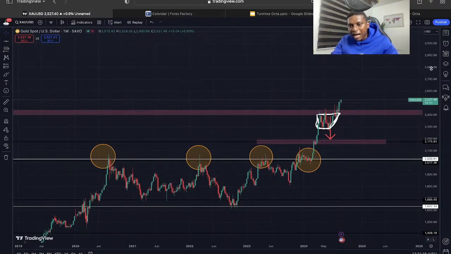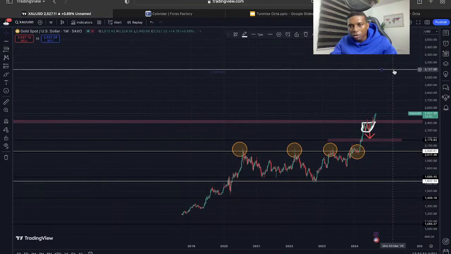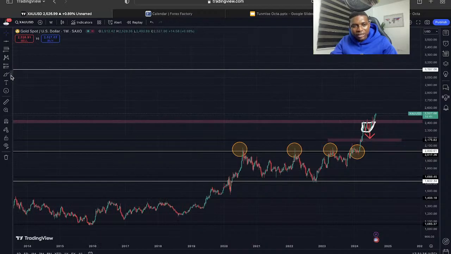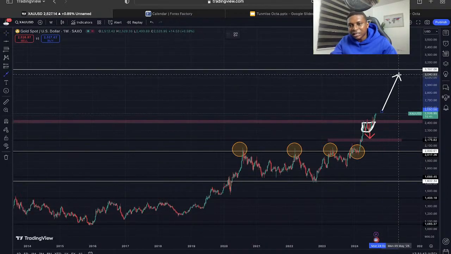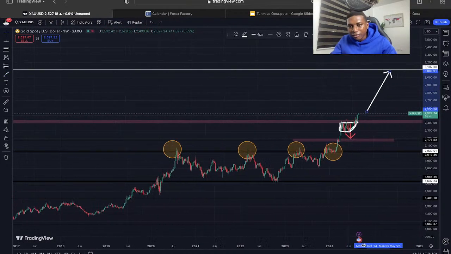All right, as it stands, with this move, gold is eyeing $3,000.